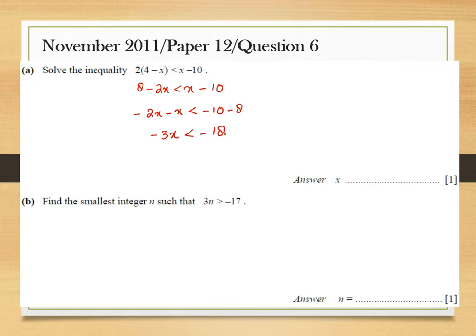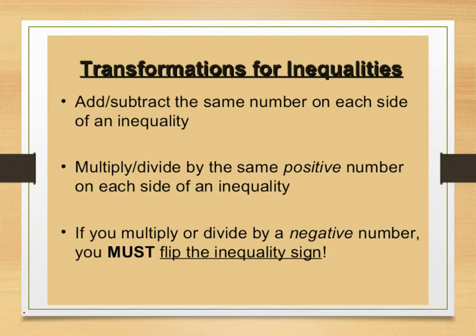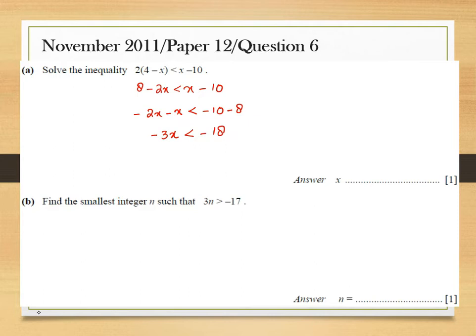Now when we shift this minus 3 to the right hand side, it divides minus 18. So basically we are dividing this inequality by the negative number minus 3. As we have discussed, when we multiply or divide any inequality by a negative number, we change the sign of the inequality.